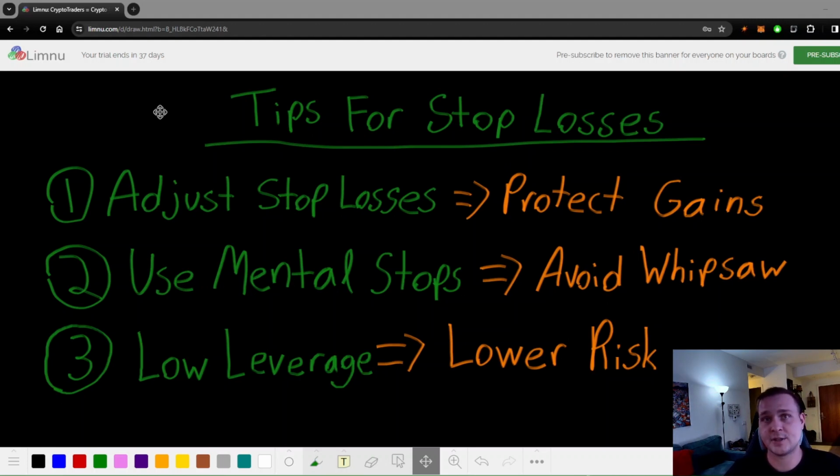Secondly, as I've mentioned in this lesson, is to use mental stops. That's going to help you avoid getting whipsawed out. Should there be a token with higher volatility, having that mental stop and not having a hard one set in the market is going to prevent you from locking in the losses when the volatility is highest.